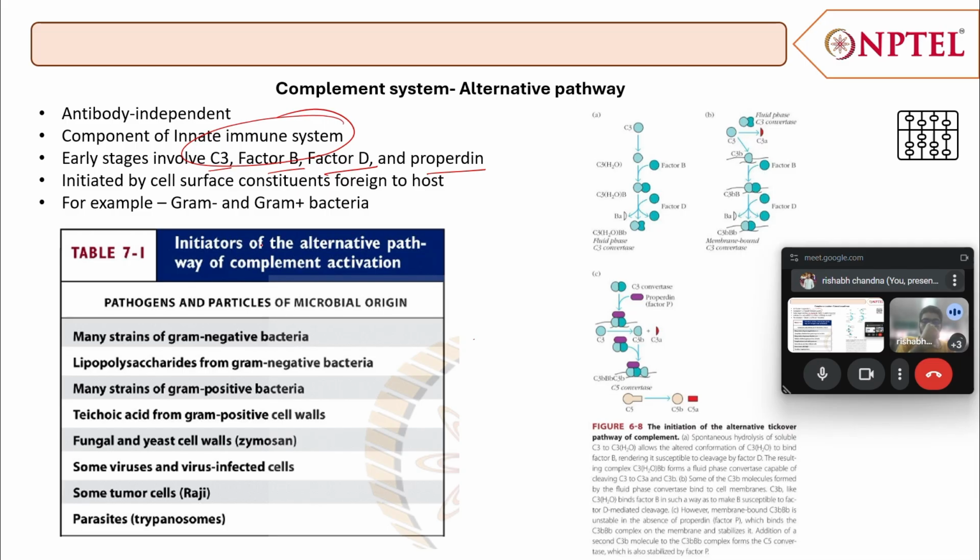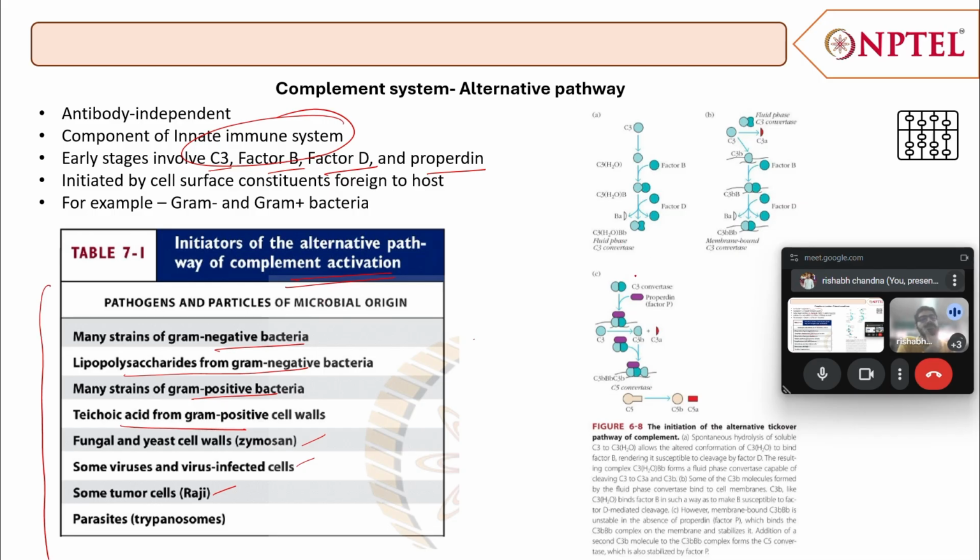So the pathogens and particles of microbial origin, for example, gram negative bacterial strains, lipopolysaccharides from gram negative bacteria, gram positive bacteria, then teichoic acid from gram positive cell walls, fungal and yeast cells, that is zymosan, some viruses and virus infected cells, tumor cells, and parasites. So all these components lead to the activation of the alternative complement pathway.